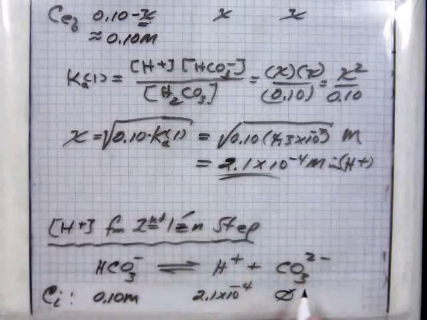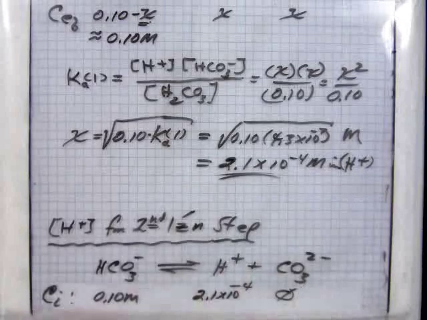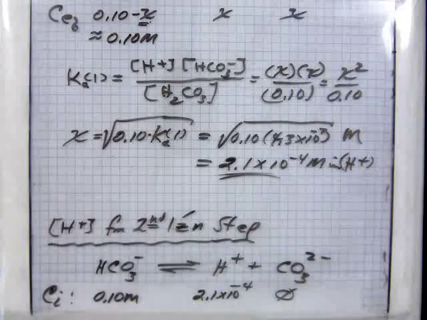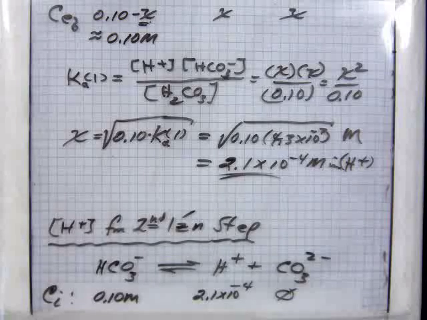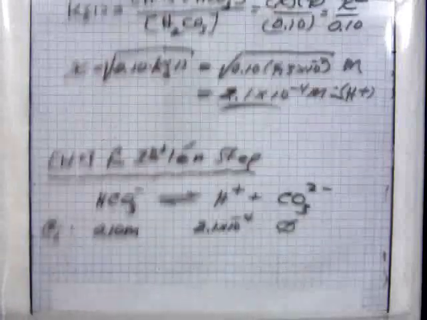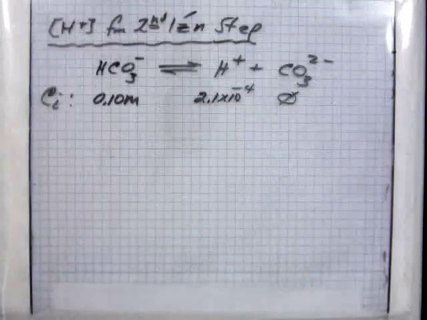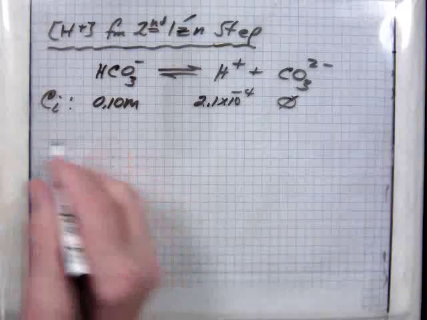The unknown, whatever that comes out to be, will be the amount of the second that comes out. Now another outcropping of this is it is assumed that all of the hydrogen comes out of the first ionization step. You'll see how this works in just a second. Now it may be confusing right now, but hopefully I can clear it up.